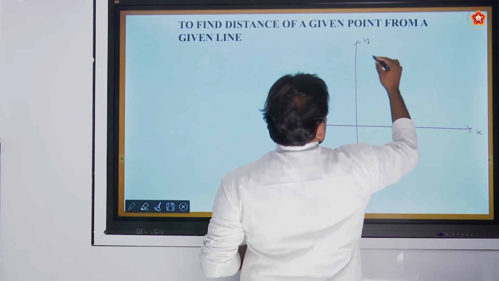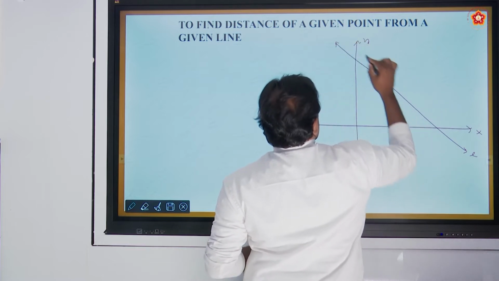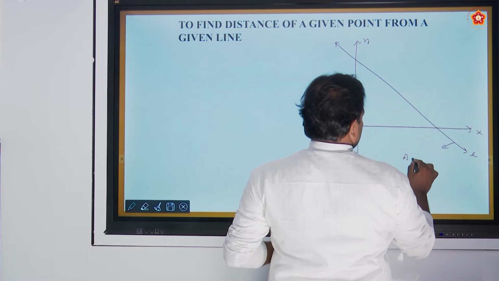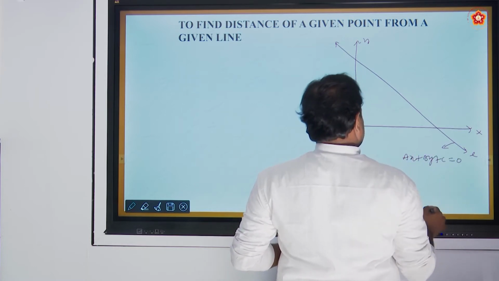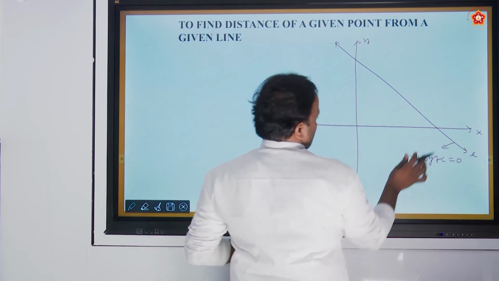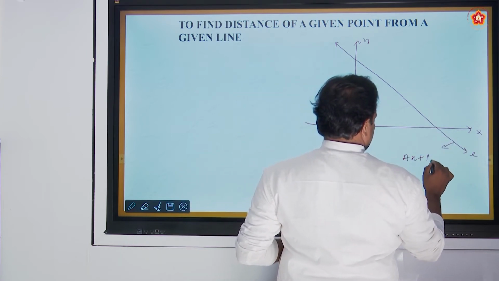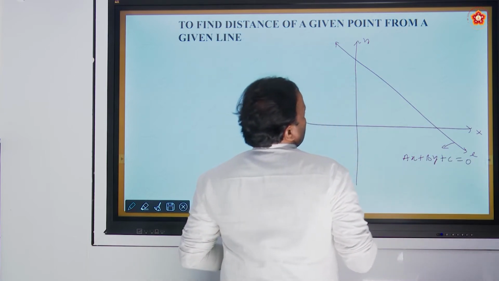This is the y-axis. Draw one line here, say line L. You take the equation of line L in the general form: ax plus by plus c equal to 0. This is the line equation.